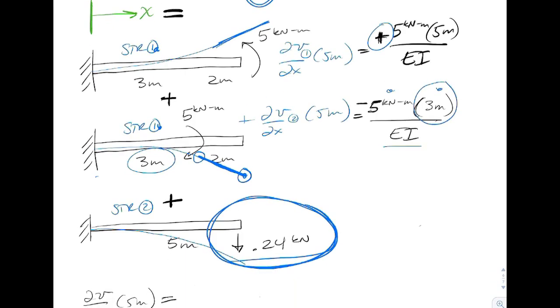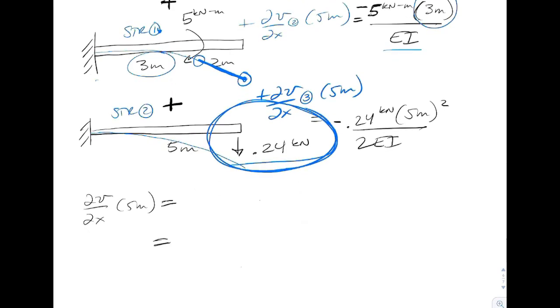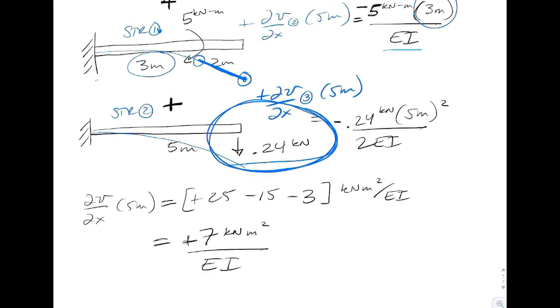And then the very last one, we would have PL squared over 2EI, which would be back in the table. All we're going to do is add those numbers together by math, and we are now home free. We get a positive number, and positive would relate to a counterclockwise rotation.